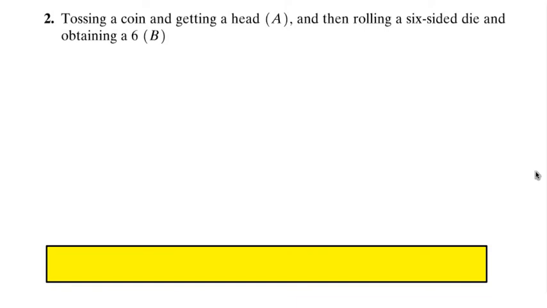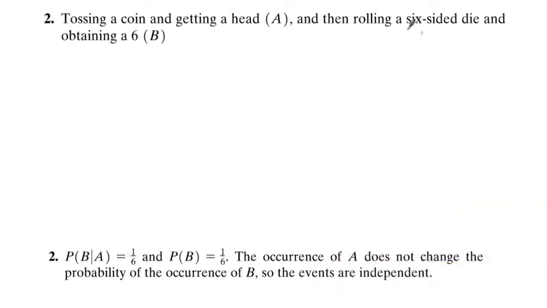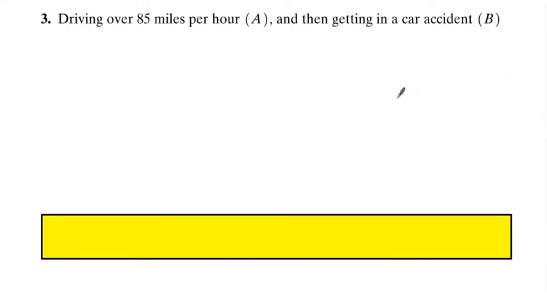This one says tossing a coin and getting a head, then rolling a six-sided die. Think about whether they would be independent of each other or dependent, and hopefully you were able to tell that those are independent. Flipping a coin has nothing to do with rolling a die, so those things are not going to affect each other. Driving over 85 miles an hour, getting in a car accident.